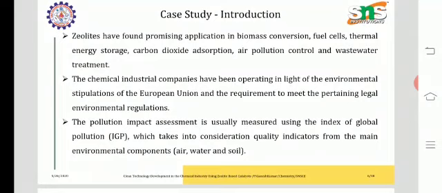The chemical industrial companies have been operating in light of the environmental stipulations of the European Union and the requirements to meet the pertaining legal environmental regulations.